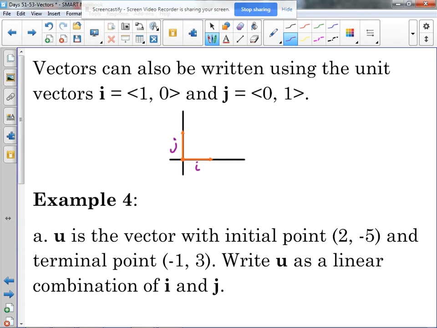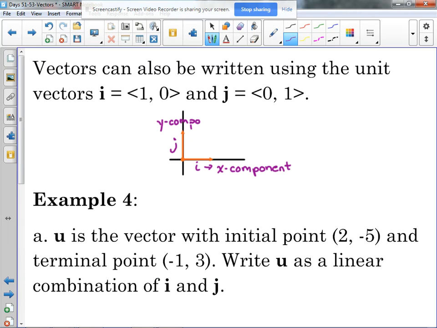It is the unit vector on the y-axis. So obviously they have length 1, thus being called unit vectors. So i always corresponds to your x component, and j is always going to correspond to the y component.